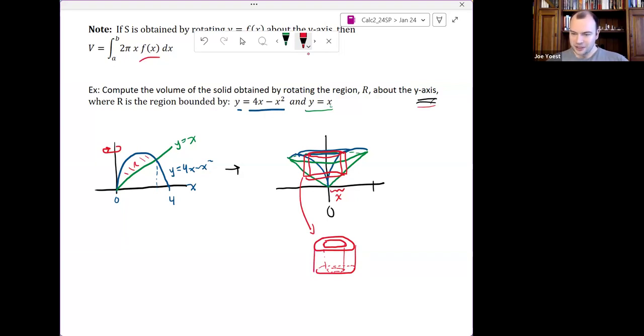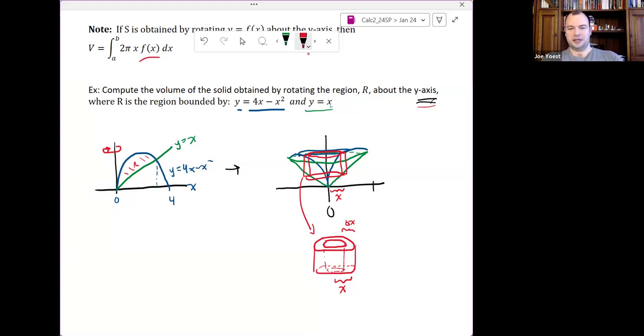That one's supposed to be dotted. I think OneNote filled it in. But something that I noticed now is I still have thickness delta x. I still have radius x, but my heights are a little different, right?